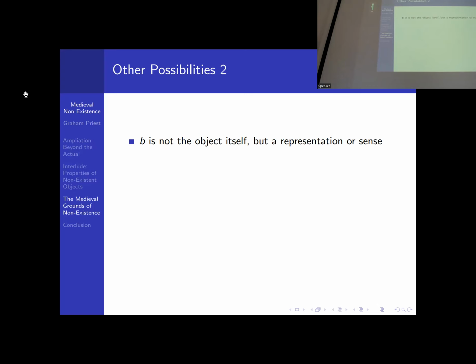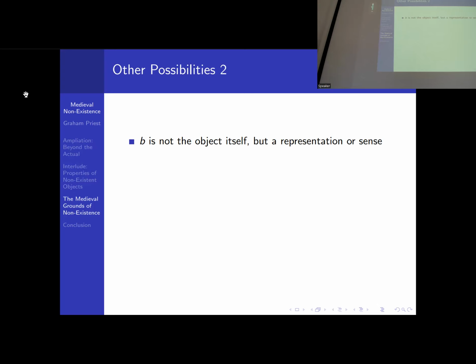Similarly, I can think of Sherlock Holmes, and I can think of a representation of Sherlock Holmes. These are not the same thing. And if I'm thinking of Sherlock Holmes, I'm thinking of Sherlock Holmes. I'm not thinking of a representation of Sherlock Holmes. Maybe if I'm thinking of Sherlock Holmes, then a representation of Sherlock Holmes comes between my ears, whatever that means. That's fine. That's what it is to think of Sherlock Holmes.